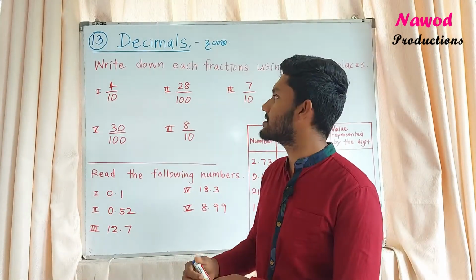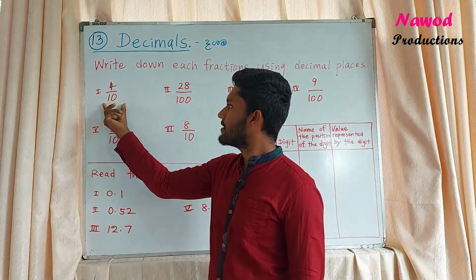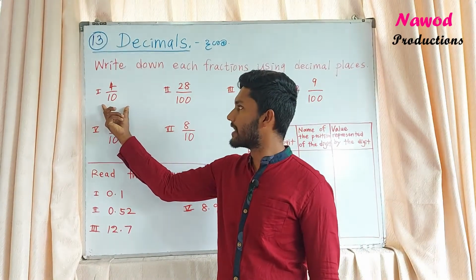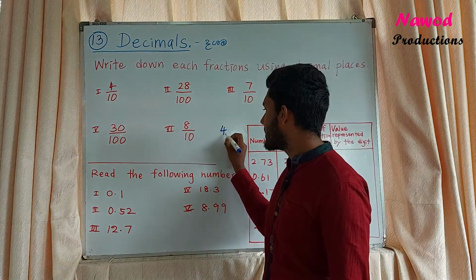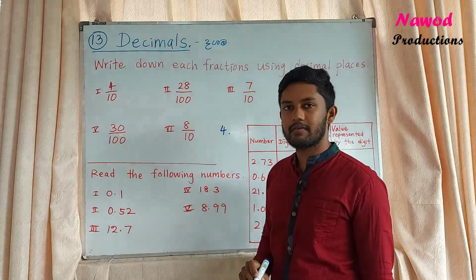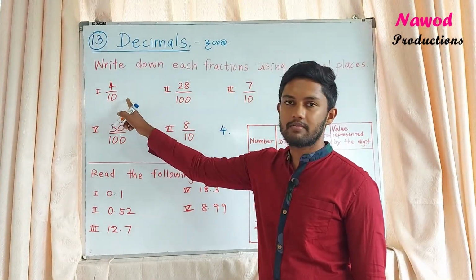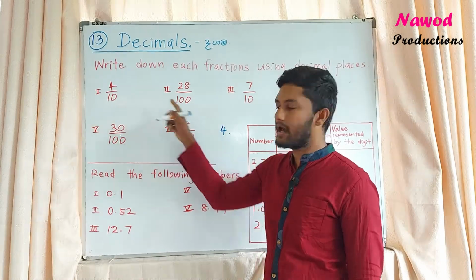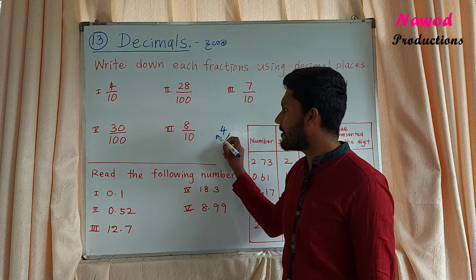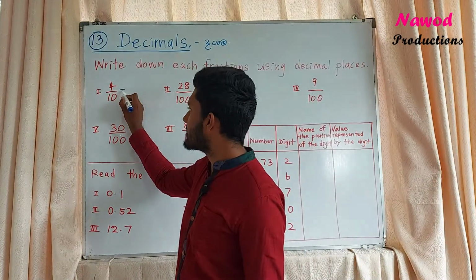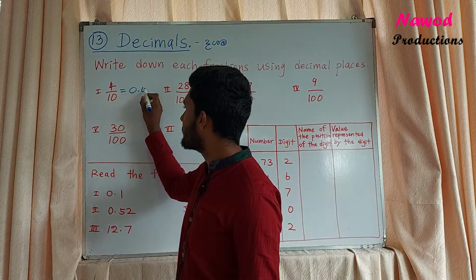Then dear students, when considering this fraction 4/10, here 4 has the decimal point at the back. When dividing it by 10, the decimal point comes forward once. Then the answer is 0.4.